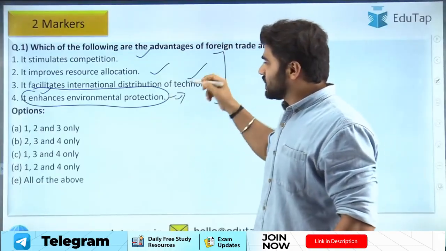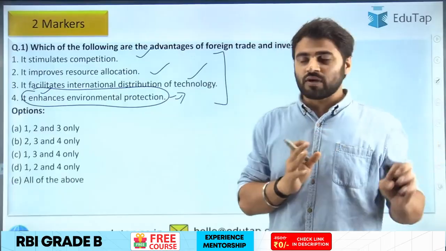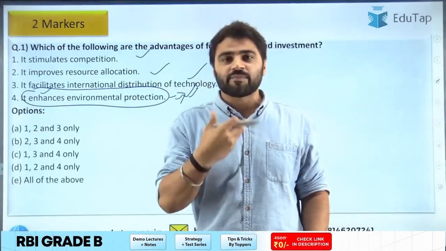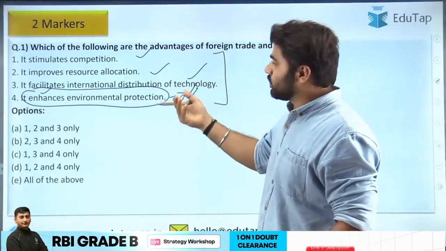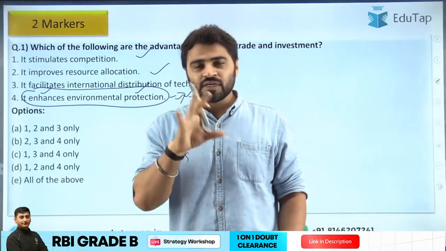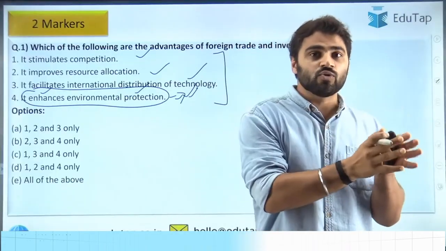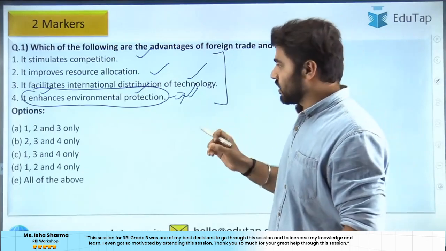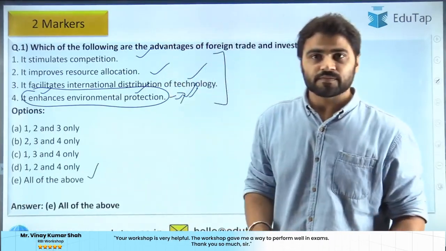But you do not need to think too much about this statement, otherwise you will get it wrong. This is also the right statement, because these days countries inviting foreign direct investment are promoting environmental protection. These days these things are very common, right? So you do not need to go too deep into a particular statement, otherwise you may make that statement wrong. So the right answer will be option E, that is all of the above.